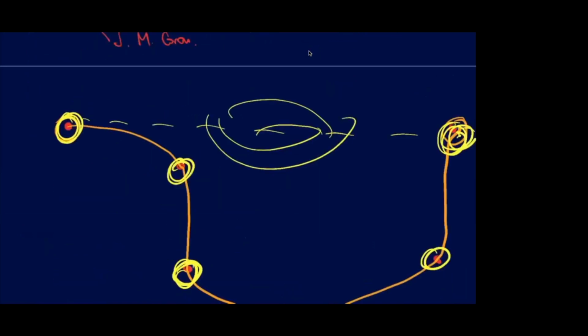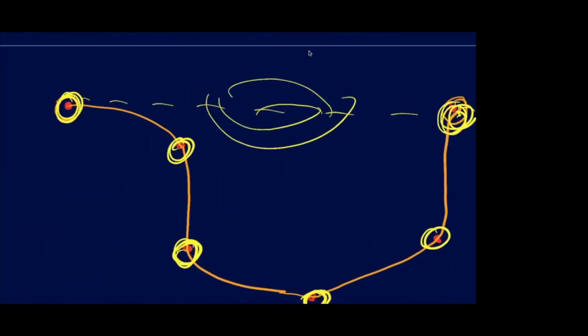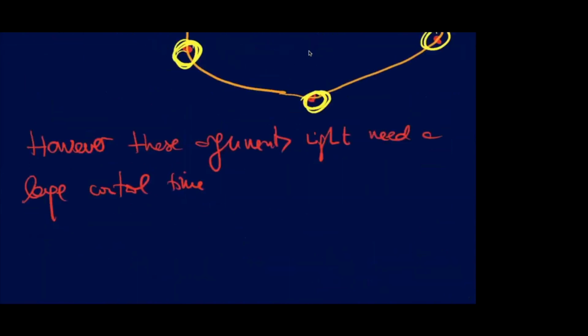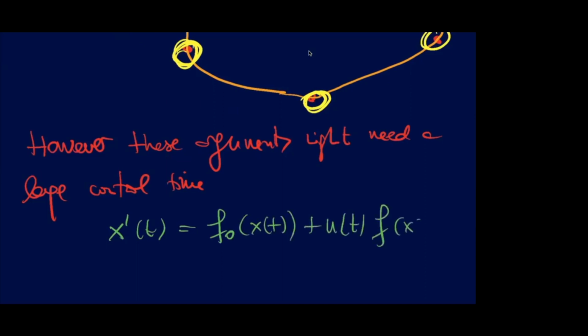Now, when you start patching this to go from small to large deviations, then it could be that you need a large time. This is precisely what we discussed today. If you are giving me a system like this with drift, even in the simplest case, you cannot guarantee that the time of control will be small.